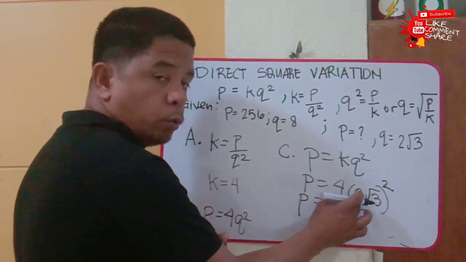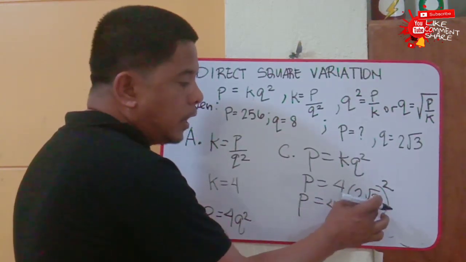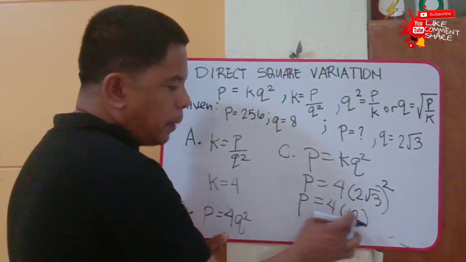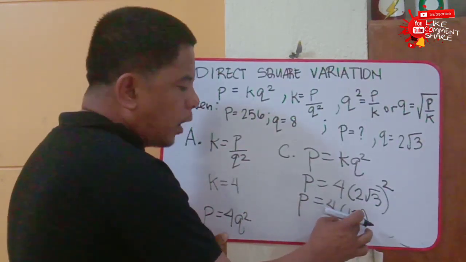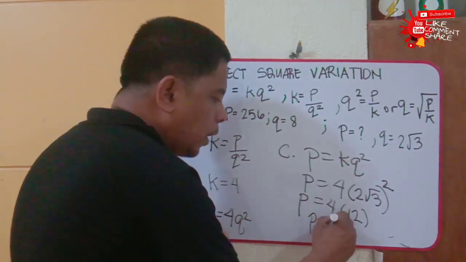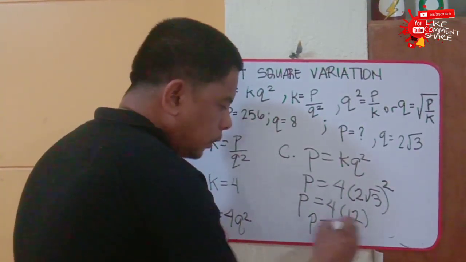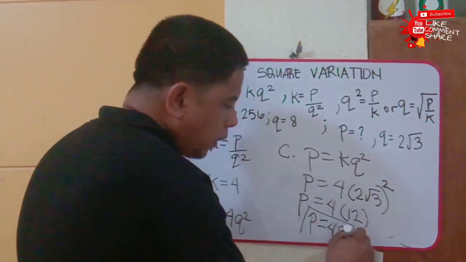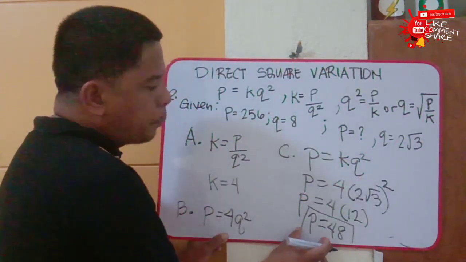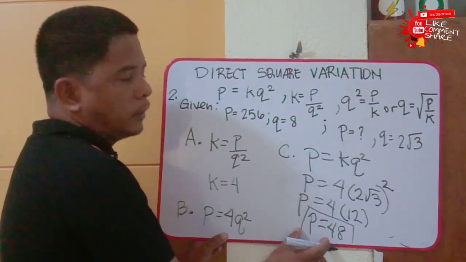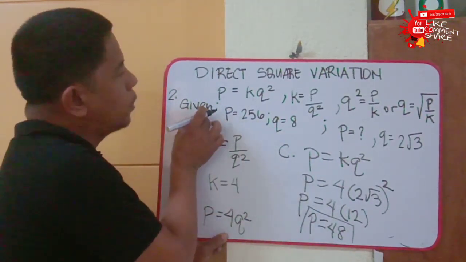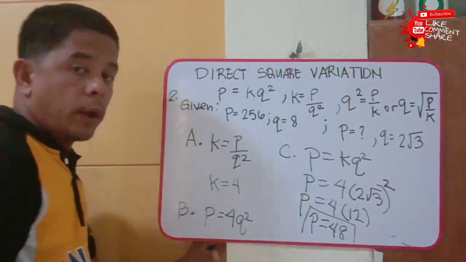Kasi 2 times 2 is 4, square root of 3 times square root of 3 is 3, and 3 times 4, that is 12. Continue, simplify natin. So 4 times 12, that is 48. So our P is equals to 48. If Q equals 2 square root of 3, our P equals 48. So this is the example of number 2 in the direct square variation.